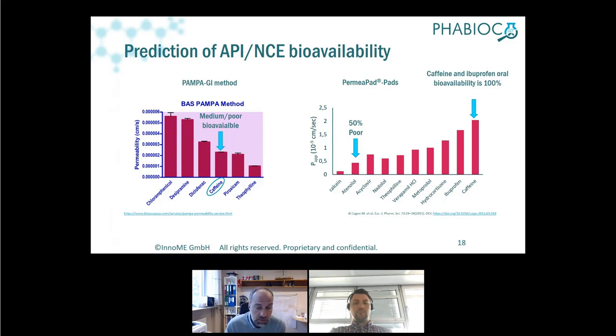But as we all know, caffeine is probably one of the most bioavailable compounds we have in pharmaceutical products. If we tested with the PermePed, caffeine is rated as the highest and most permeable compound, inducing a prediction of 100% bioavailability. That is actually what is happening in real life.